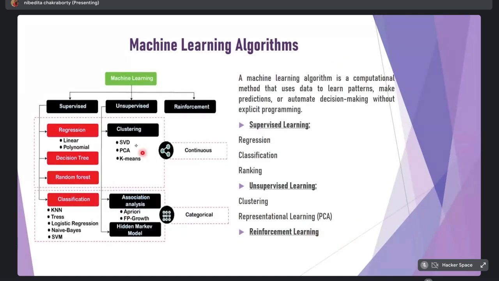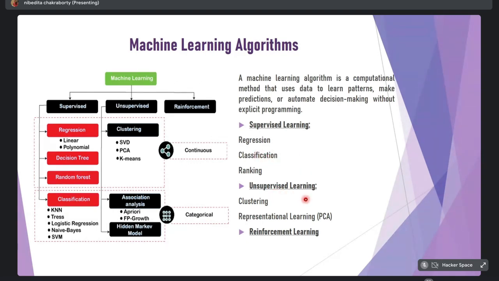So let's go to the types of machine learning. There are various types: supervised learning, unsupervised learning, and reinforcement learning. Under supervised learning, there are various algorithms that we use: regression, classification, ranking, decision tree, and various others.